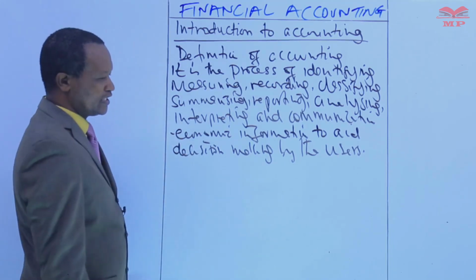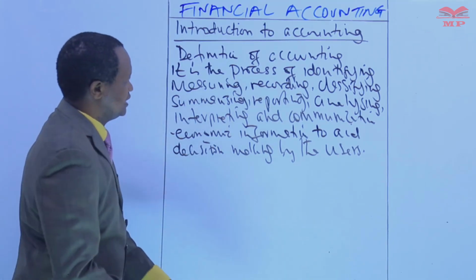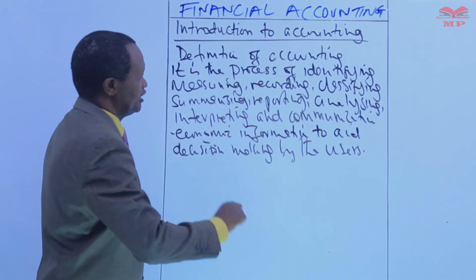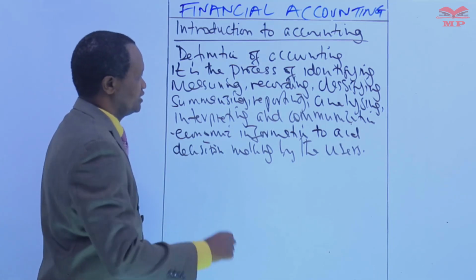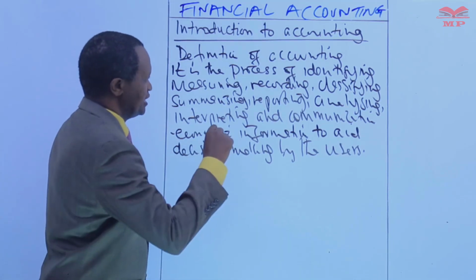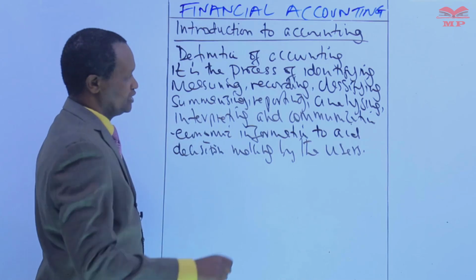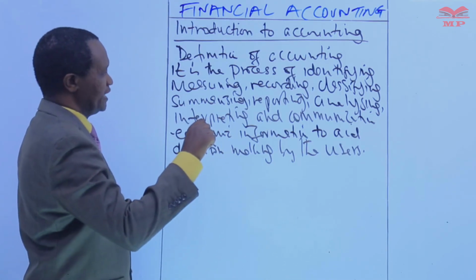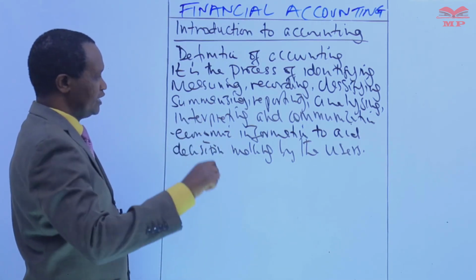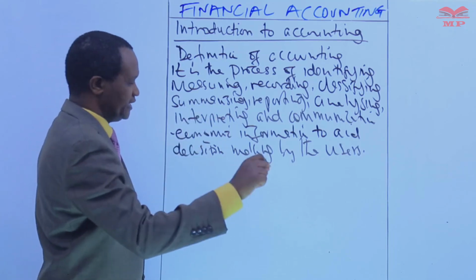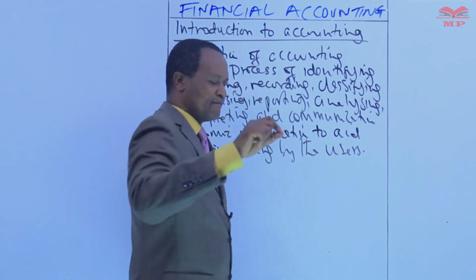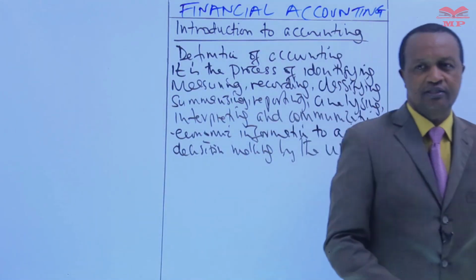So candidates, that is the definition of accounting. It is the process of identifying, measuring, recording, classifying, summarizing, reporting, analyzing, interpreting, and communicating of economic information to aid decision making by the users.